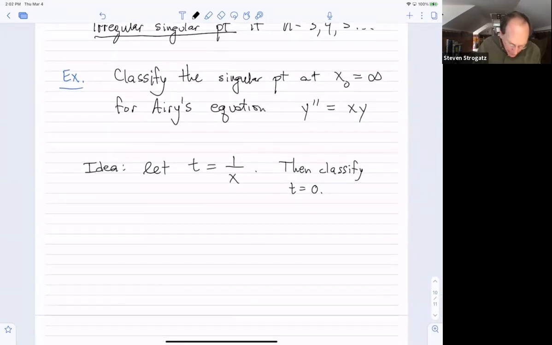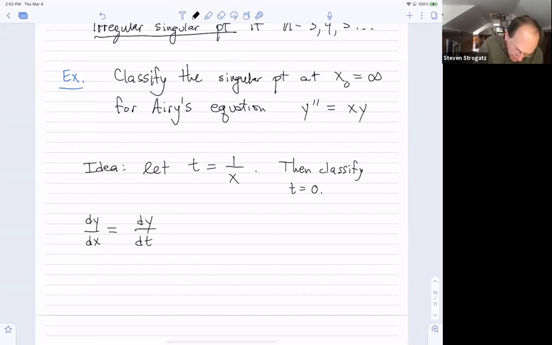So that kind of change of variables goes like this. I have to convert all my derivatives to t derivatives, by the chain rule. So dy/dx is dy/dt times dt/dx, which I'll observe, dt/dx is giving me a minus 1 over x squared. And dy/dt, I'll use the notation y dot, so dot will mean t derivative.